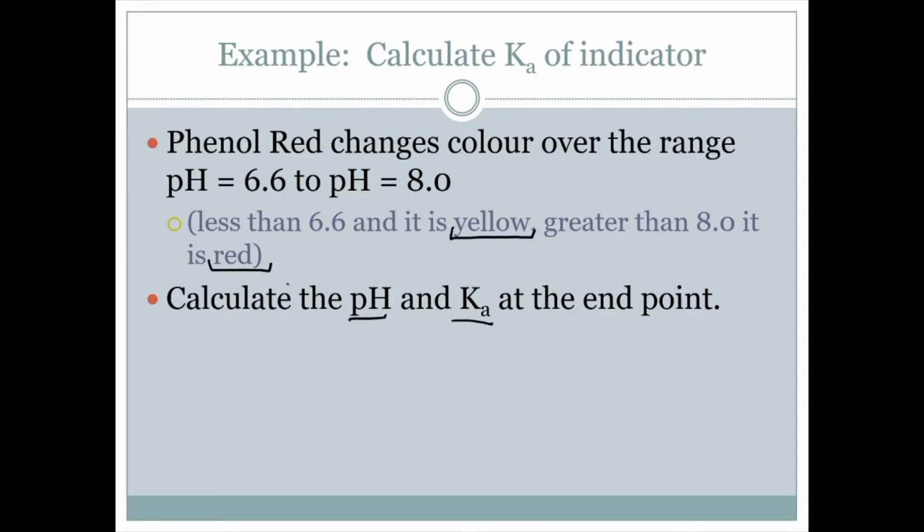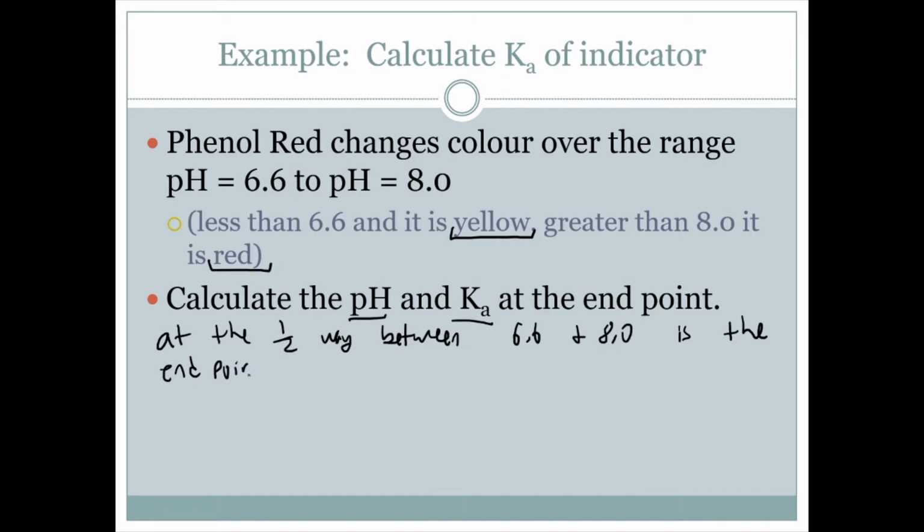And this is very intuitive. It's exactly at the halfway point. At the halfway point between 6.6 and 8.0, you'll have equal amounts of yellow and red indicator.